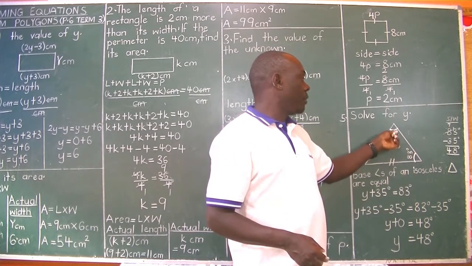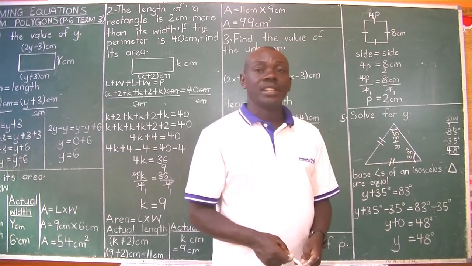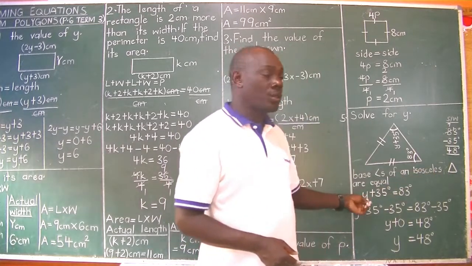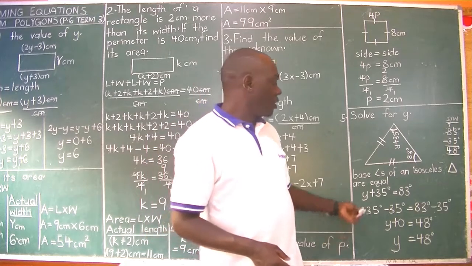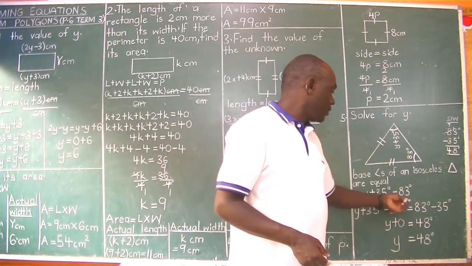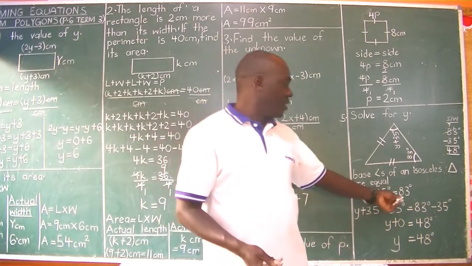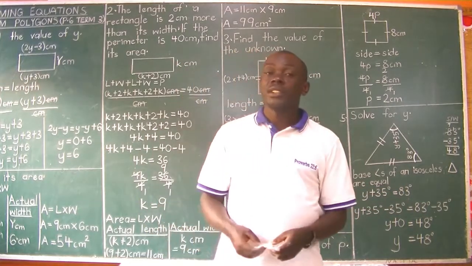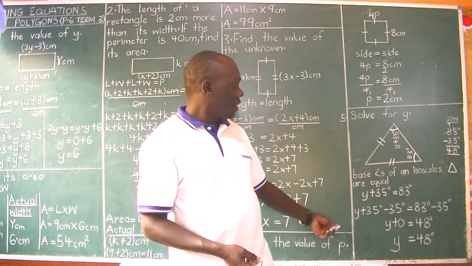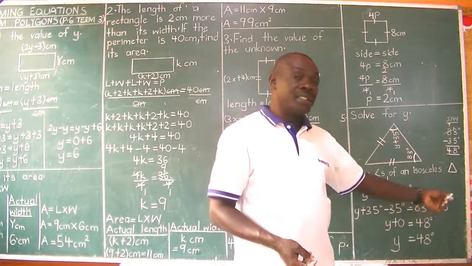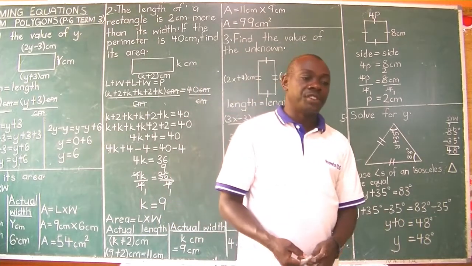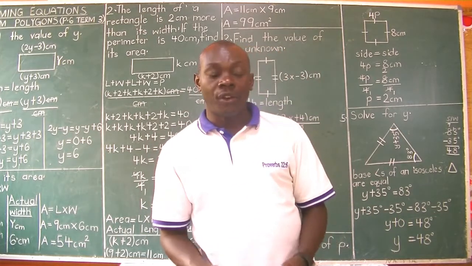That's why we say y plus 35 degrees equals 83 degrees, because base angles of an isosceles triangle are equal. In so doing, you will form an equation which is to the level of P4. Now that we are in P6, we can easily work out by merely subtracting that 35 from either side to get the value of y.